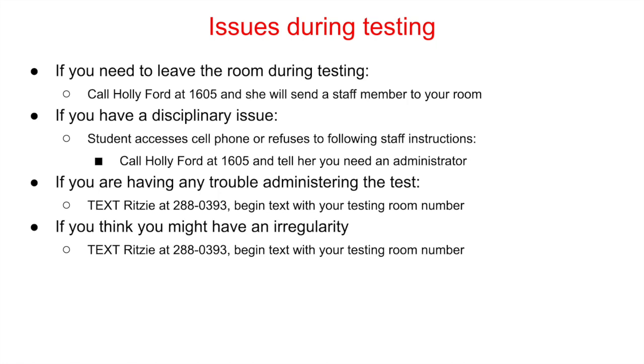And you need to tell her what room. If you're having any trouble administering the test, you're going to text me. Please start your text with your testing room number so I know where to go, okay? And again, if you think you might have an irregularity, go ahead and text me. And again, begin that text with your room number.